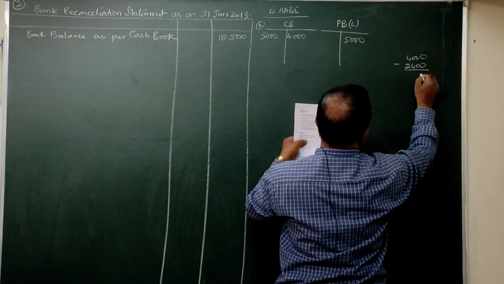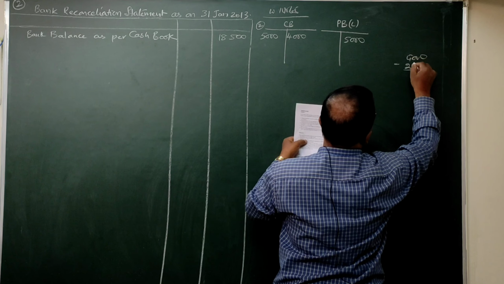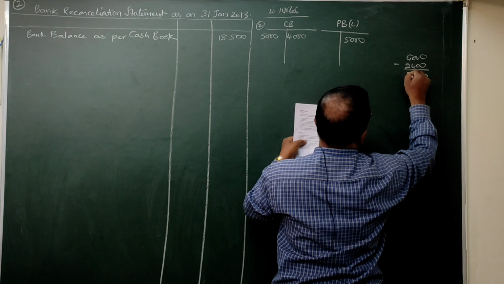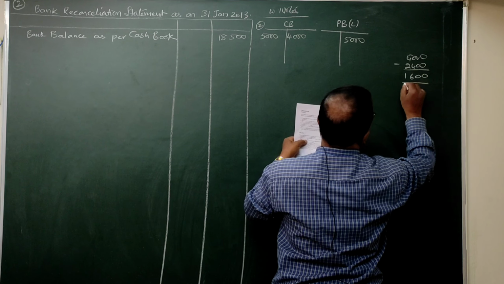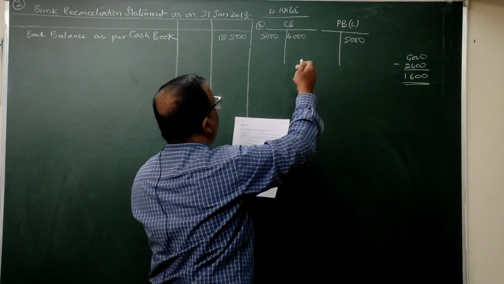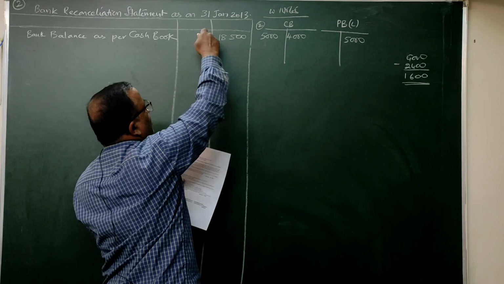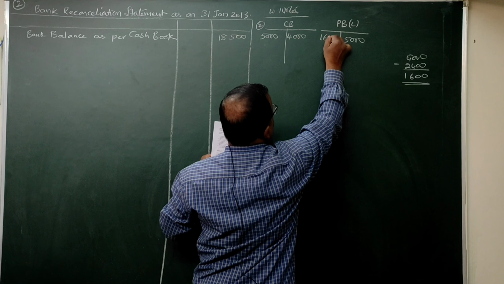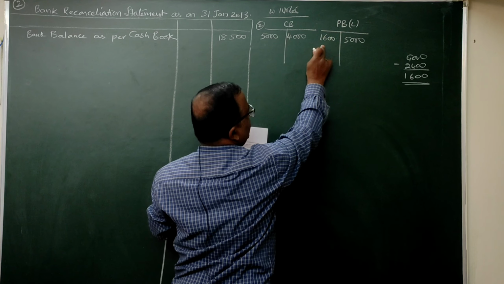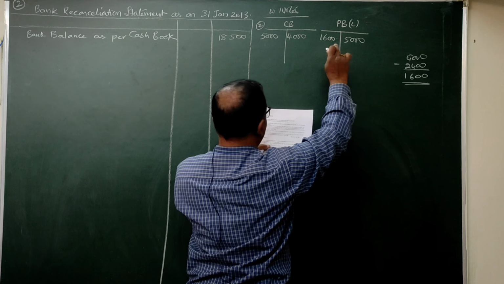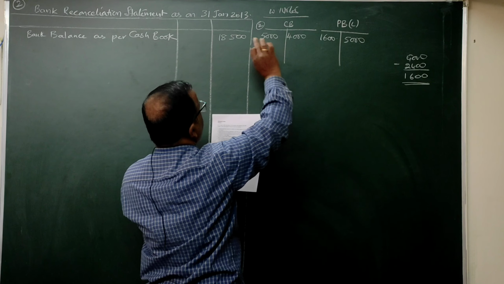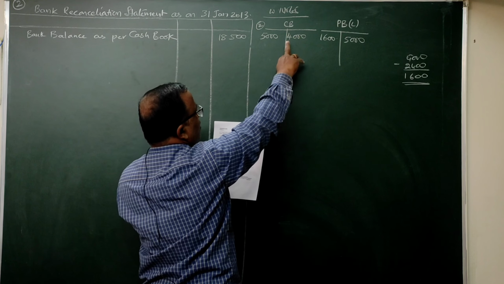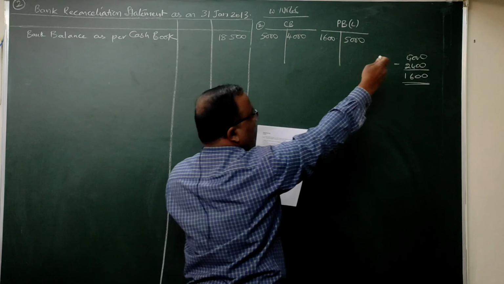So the remaining checks, 10 minus 4 is 6, 3 minus 2 is 1, 1,600 worth of checks are presented in the month of January, before this date. So the banker will make a payment of 1,600, because 2,400 checks are presented in February.